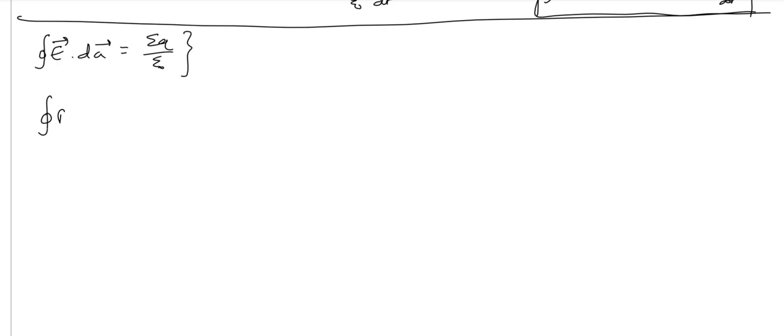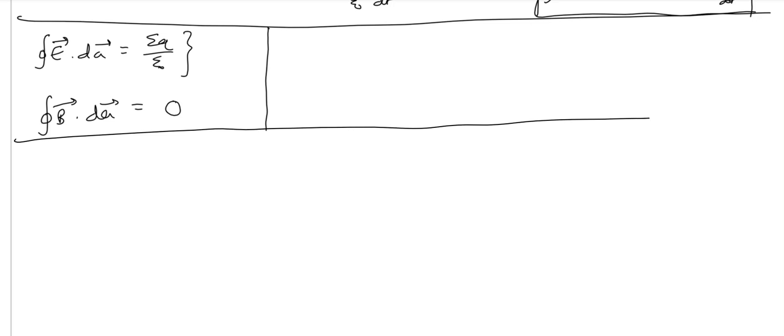Similarly, we have B dot dA for magnetism. For a closed surface, the magnetic flux is 0. Why is magnetic flux 0? Because there is no single north pole or south pole existing.